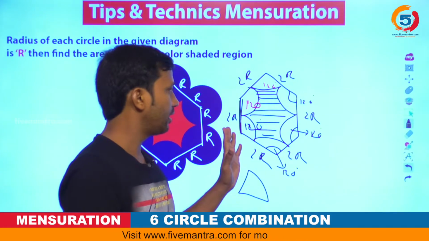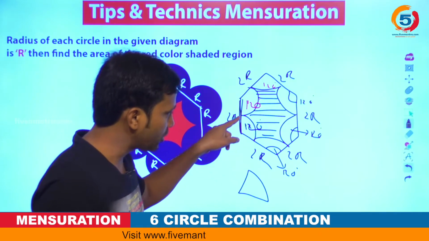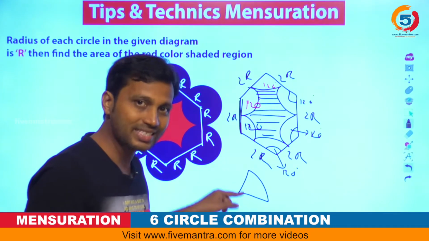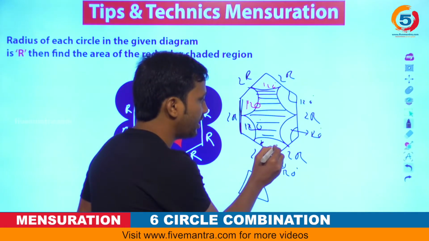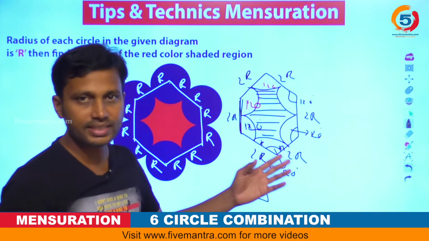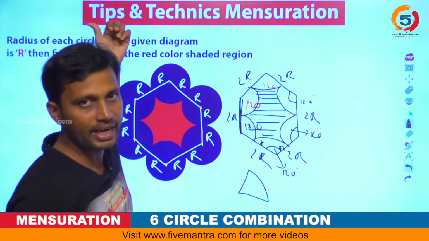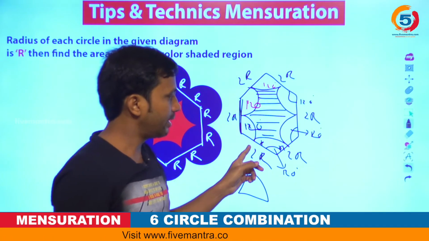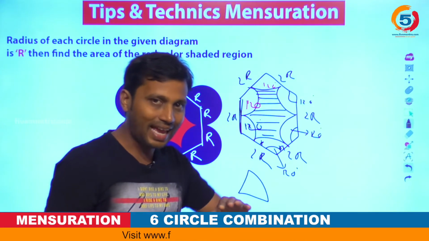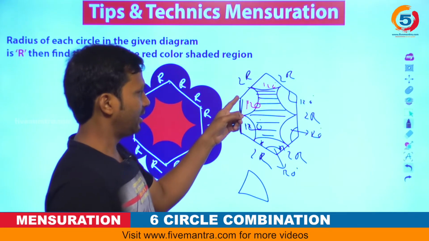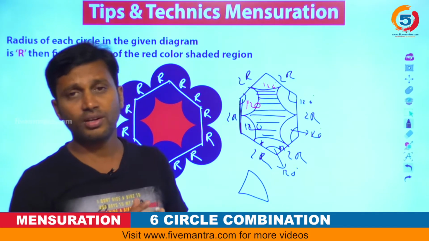So what we analyzed till now is that each unshaded portion is in the shape of a sector, and the radius of the sector in all cases is capital R, because as given in the diagram, all the circles have equal radius, and that is capital R. So the radius of each sector will also be capital R, and the sector angle is nothing but the regular hexagon angle.